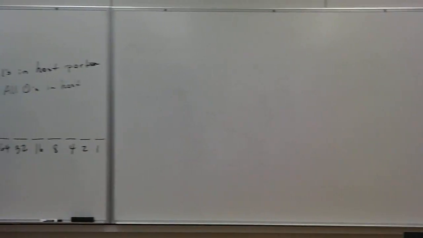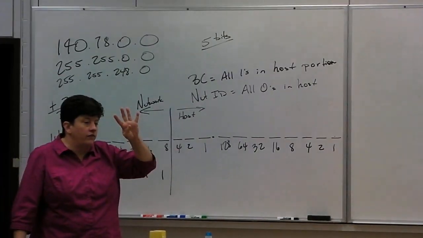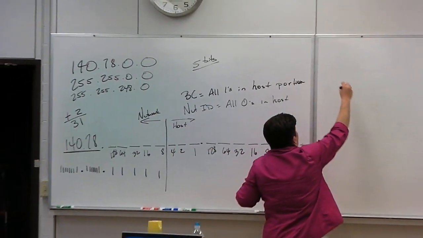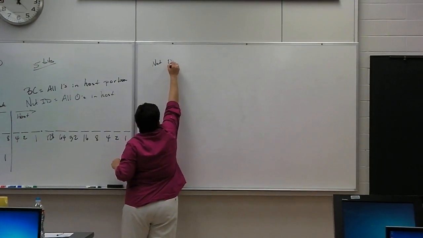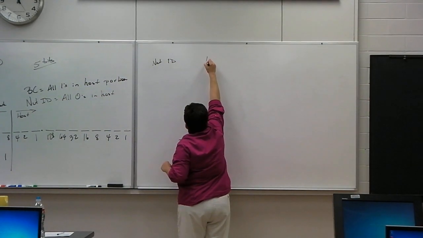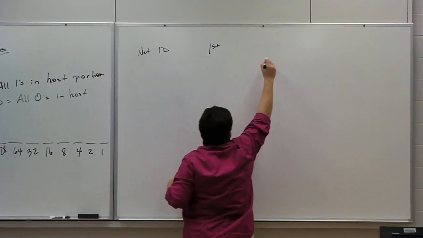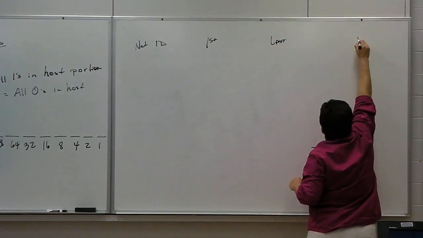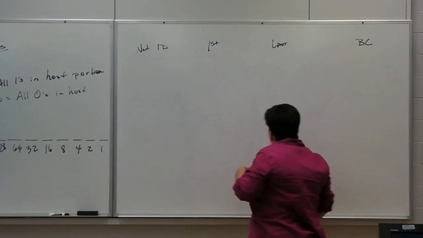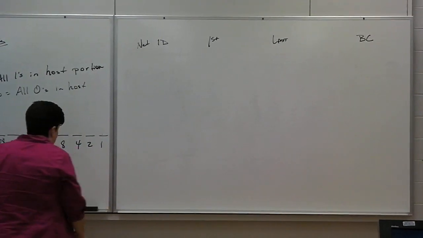From this information, there are 4 things I need. I need to know what network you just created, so my network ID, my first assignable address, my last assignable address, and the broadcast address for that network.